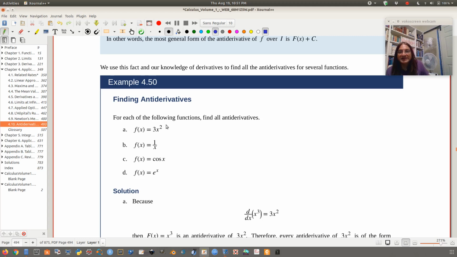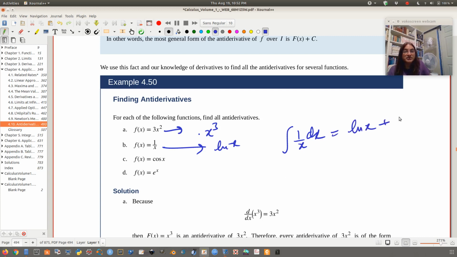So let's find the antiderivative of 3x squared. Oh, we know it's x cubed, because the derivative of x cubed is 3x squared. What about 1 over x? Oh, natural log x, because the derivative of natural log x is 1 over x.